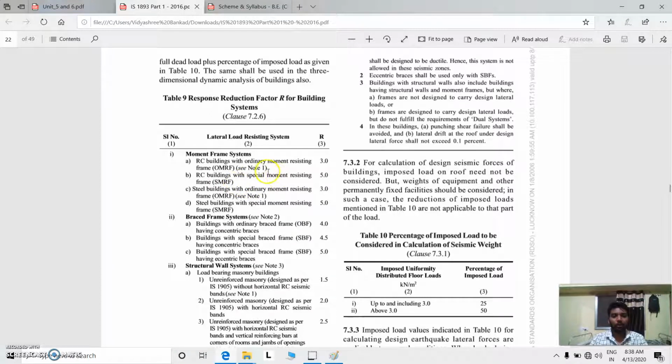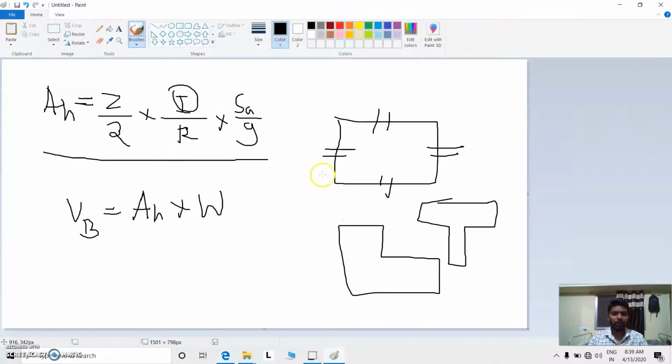If you are going to provide an ordinary moment resisting frame, in that case we have to consider the R value as 3 here, or else if a special moment resisting frame is considered, in that case we have to take the R value as 5 here. So R is nothing but the moment resisting frame, whether it is ordinary or special.